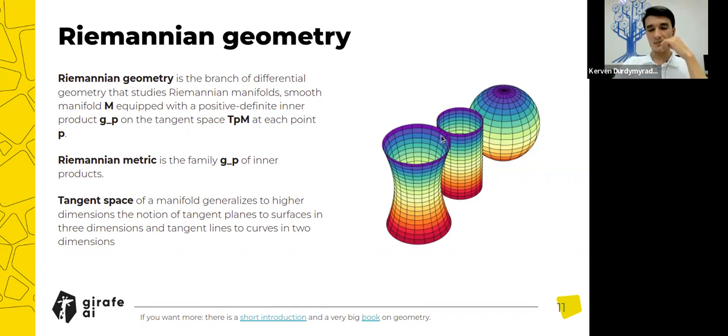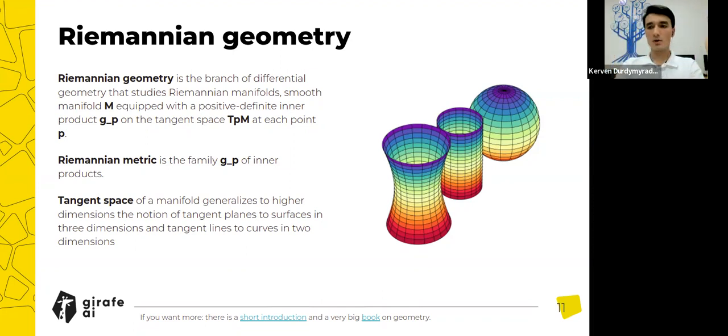And we have a tangent space at each point. The tangent space is a general form of the tangent plane. In 3D, it's the tangent plane. For each point of the manifold, we have a tangent space. And this tangent space has an inner product.